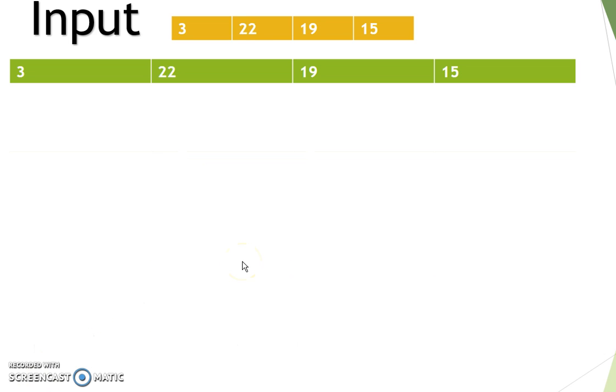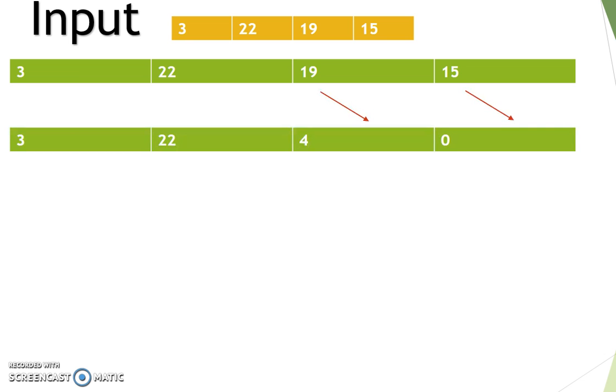So let us see one more last case. The sequence is 3, 22, 19 and 15. Again we will start from the last index and make the last index 0. So we want to make 15 as 0, so 19 minus 15 will become 4.